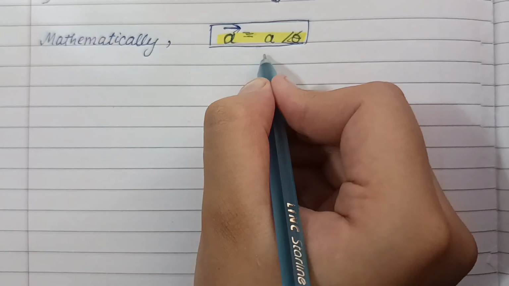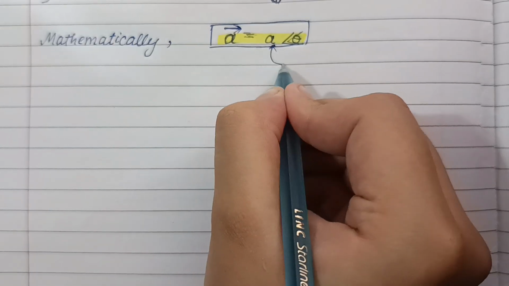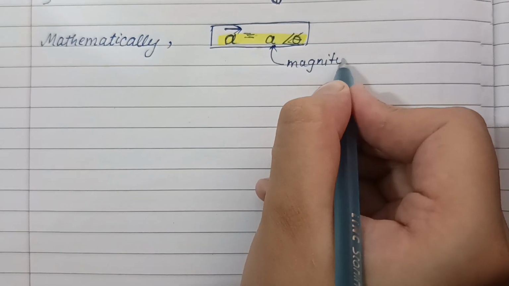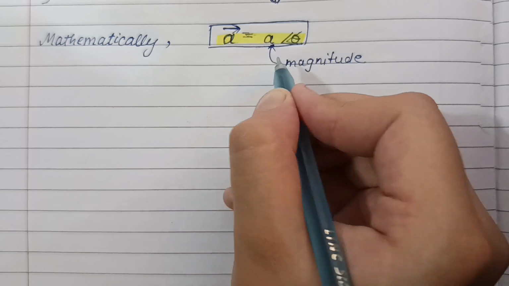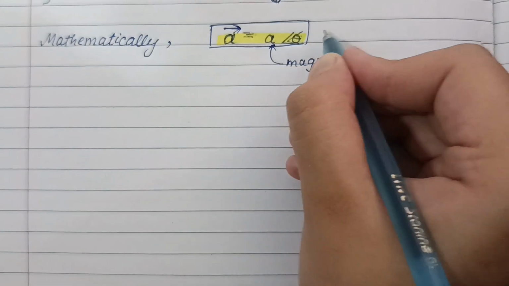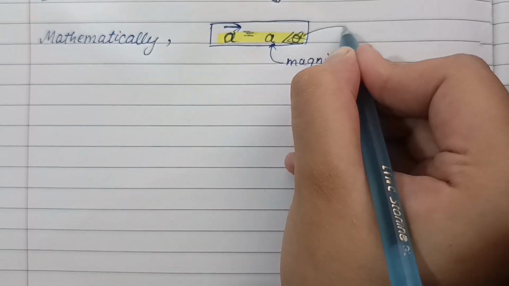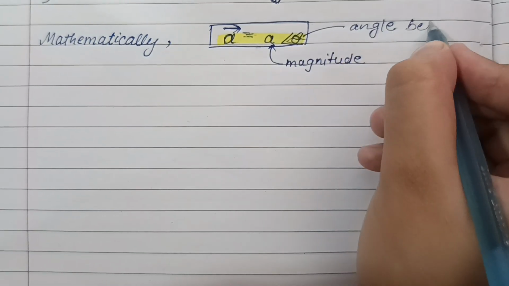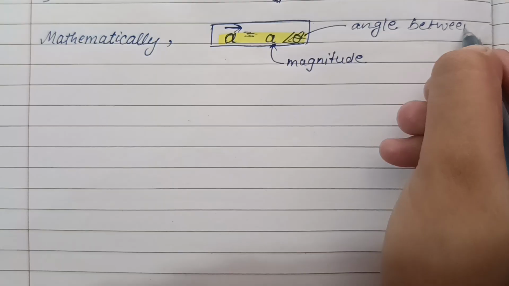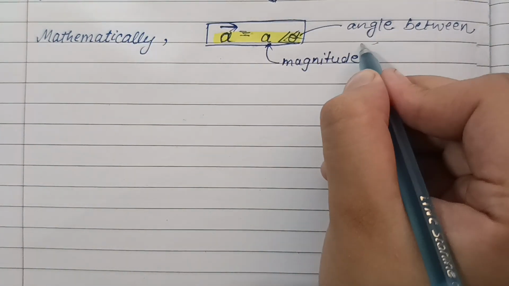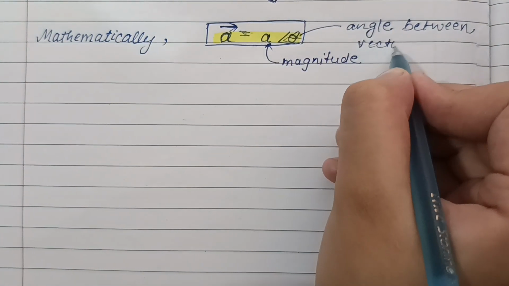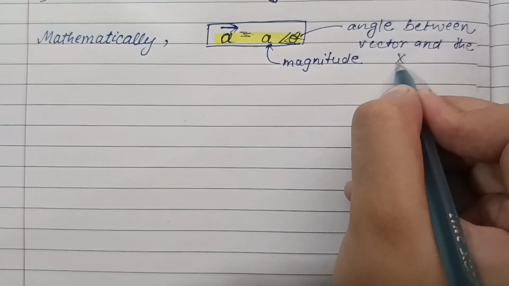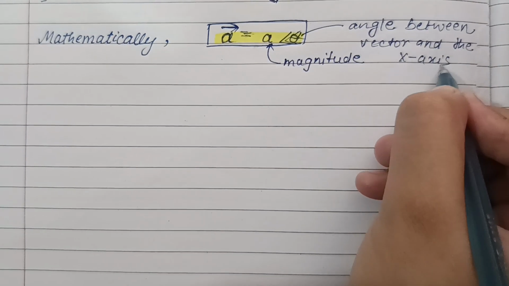Here A is the magnitude of the vector, while theta is the angle between the vector and the x-axis.